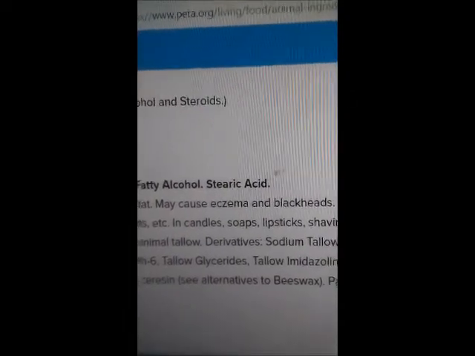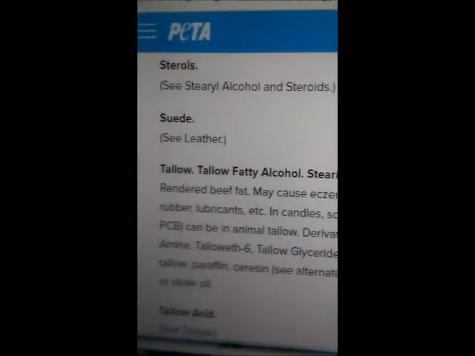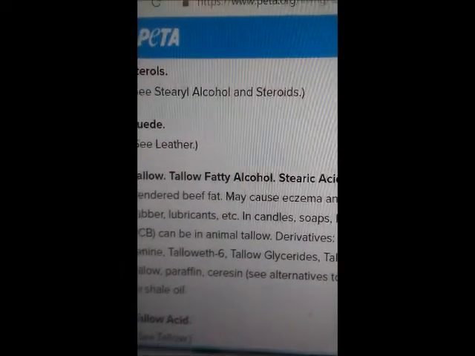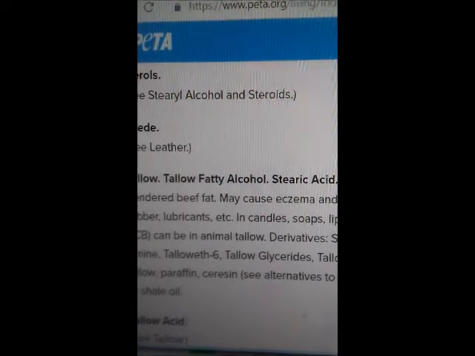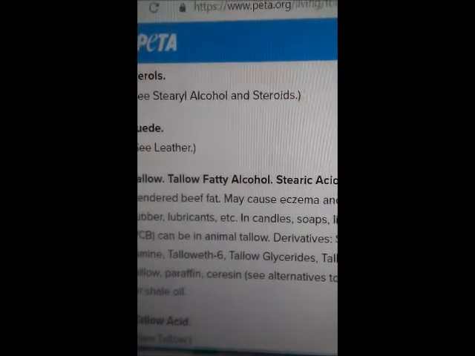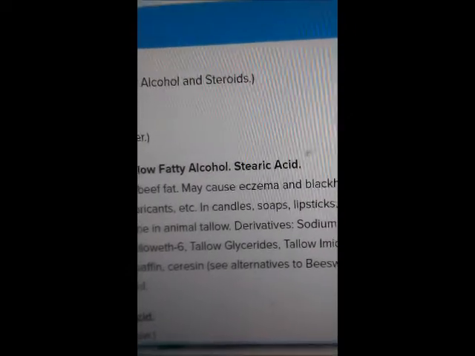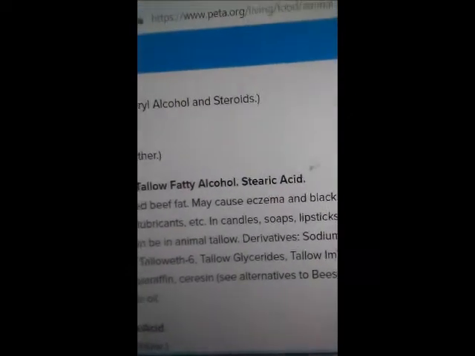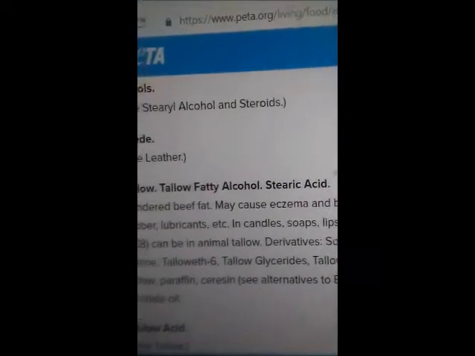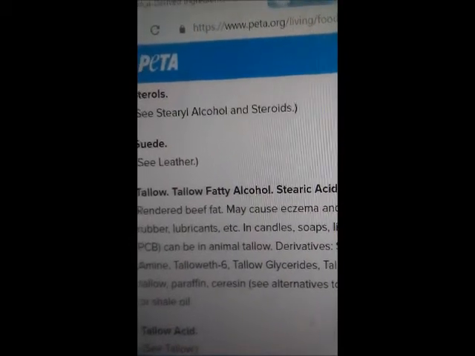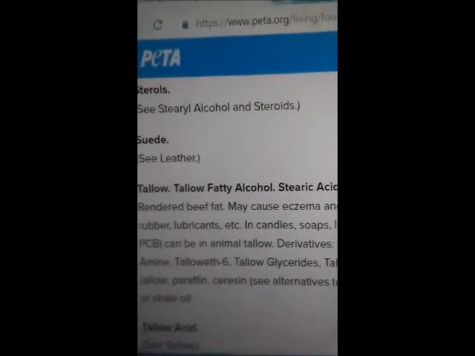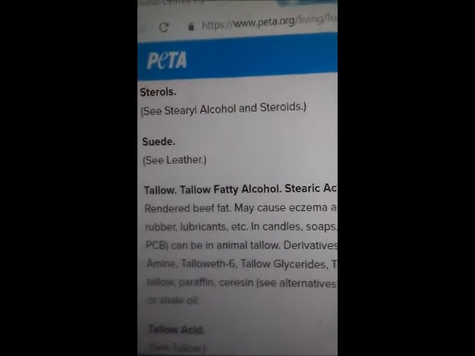Okay, tallow. Here's one big one. You got tallow, fatty alcohol, stearic acid. Rendered beef fat. Now, remember, tallow is boiled fat of any dead animal. And they say rendered beef fat, but most products don't even use beef.